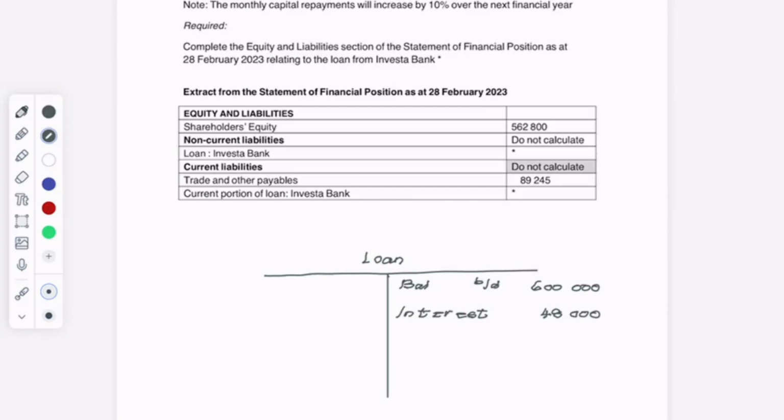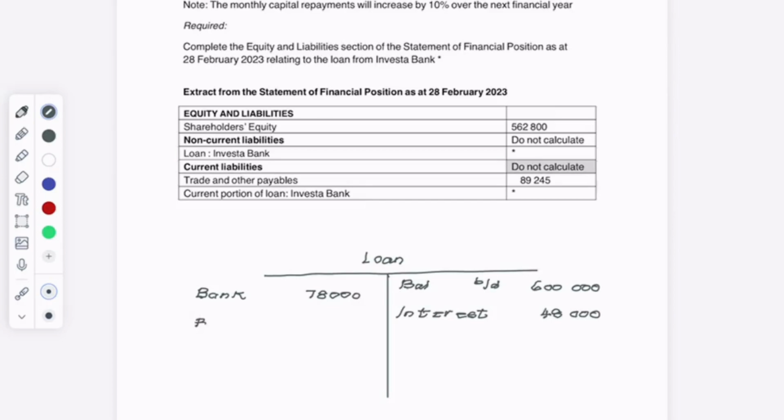Then we've made 12 monthly repayments of 6,500 Rand each. So we would have 12 entries here, bank, bank, bank. We're just going to make one entry. And the total amount that was paid off the loan was 78,000 Rand.